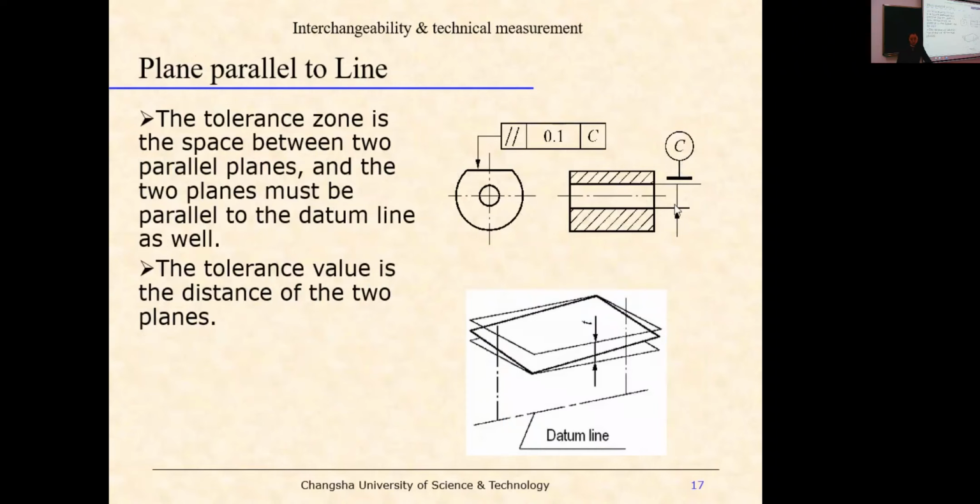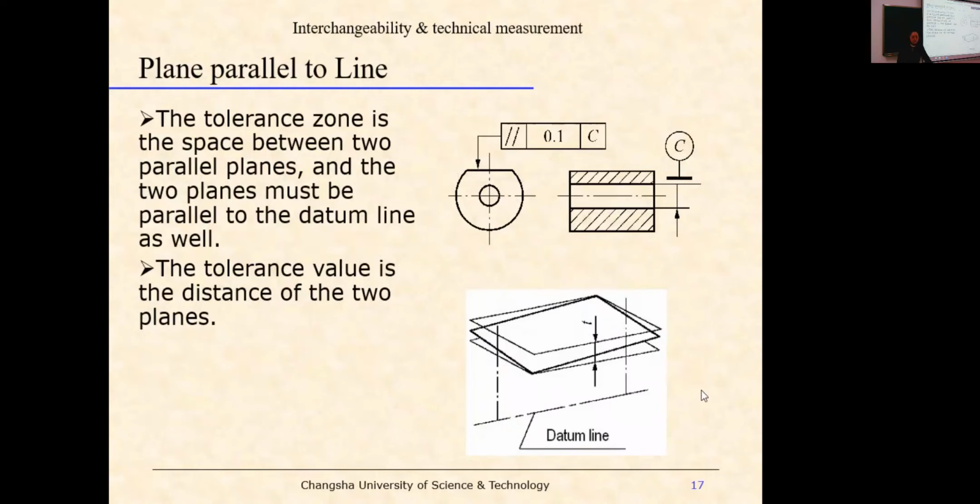This means that this data is the axis data. Okay, this axis data. So like this plane, this is the geometry of the plane. The data is a line.